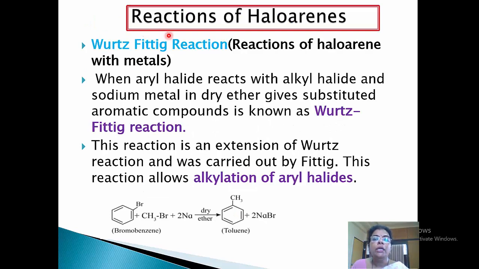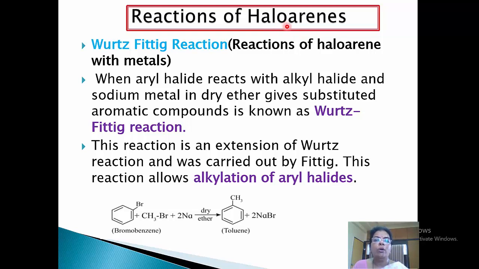Now we are going to see the next reaction, reactions of haloarenes. Now haloarenes are nothing but compounds containing a benzene ring and a halogen atom. That is, in haloarenes, the halogen atom is directly attached to the benzene ring.